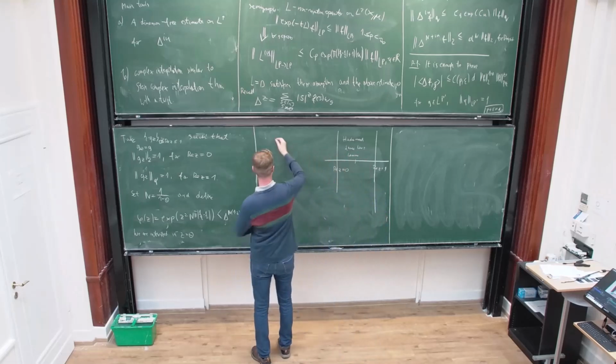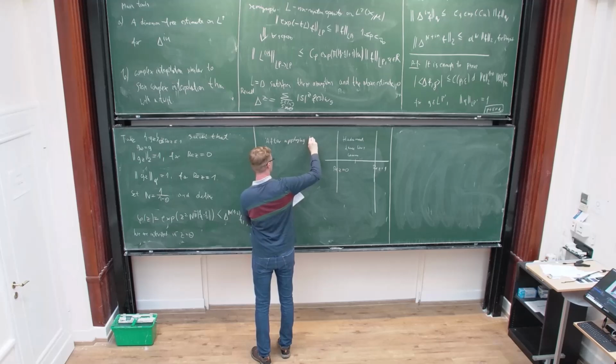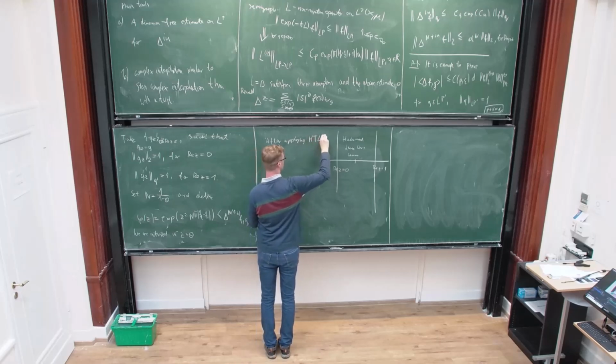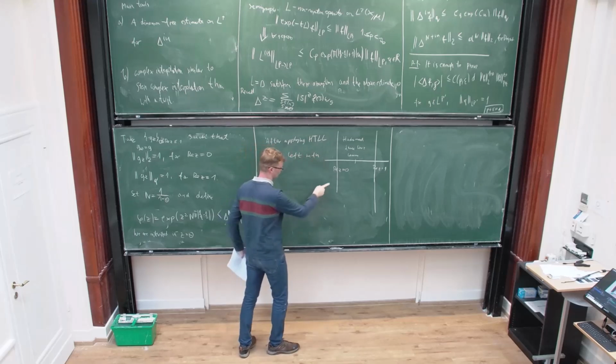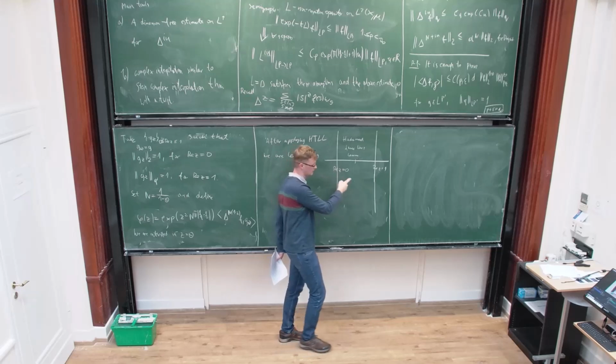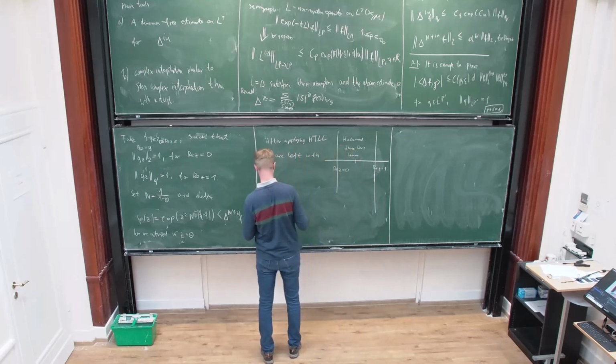So after applying Hadamard's three lines lemma, we are left with estimating this function on the line where the real part is 0, and this function on the line where the real part is 1. Those two inequalities, so let me write it.